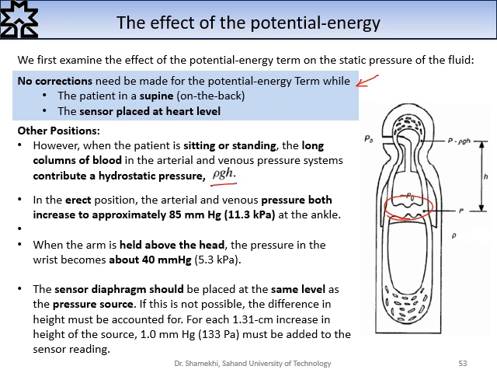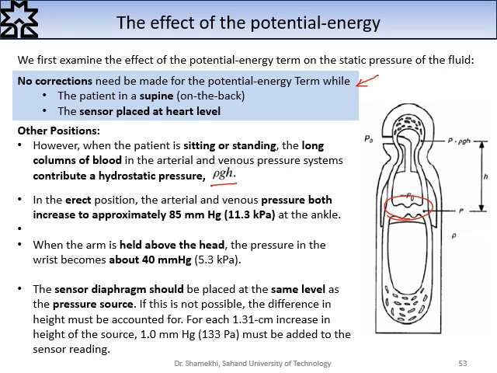In the erect position, the arterial and venous pressure both increase to approximately 85 millimeter Hg at the ankle because of those columns of blood we talked about before. And when the arm is held above the head, the pressure in the wrist becomes about 40 millimeter Hg.